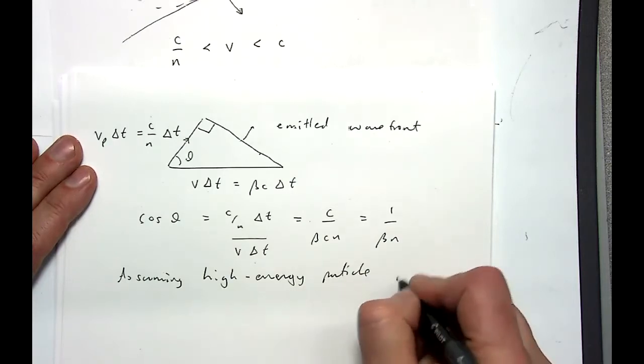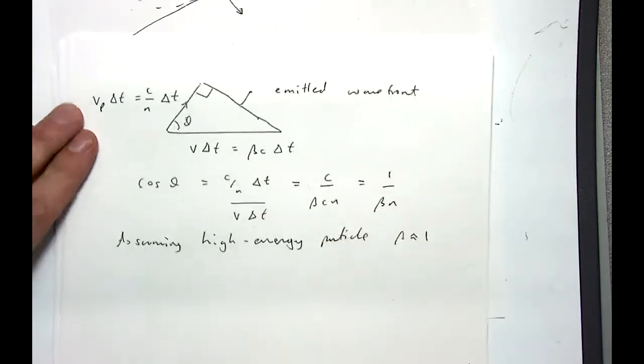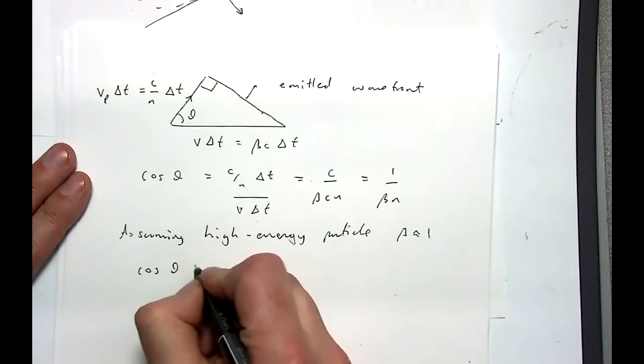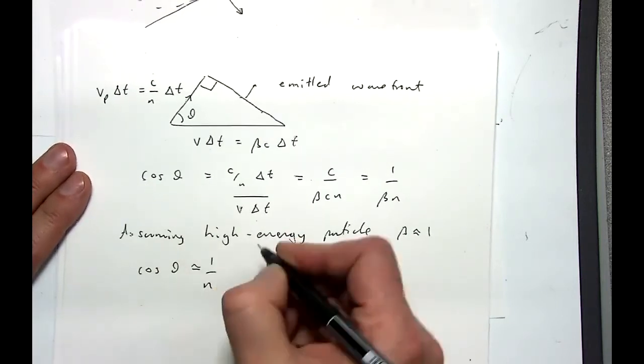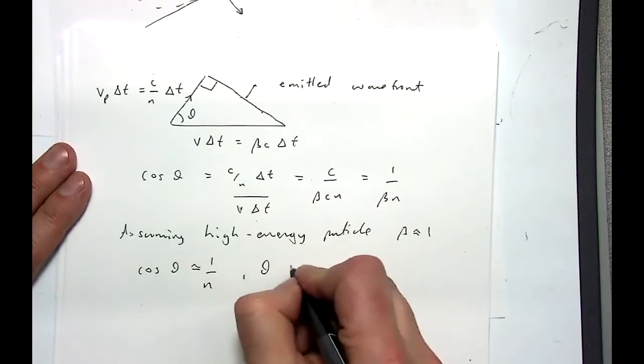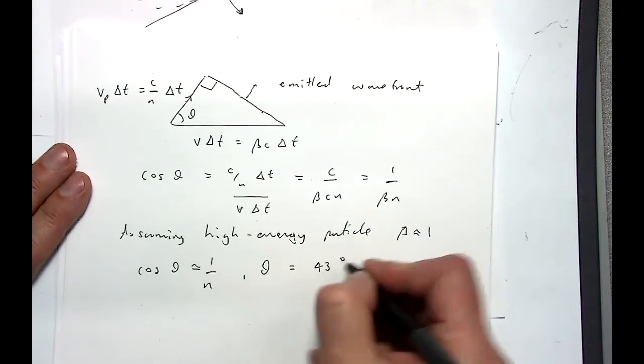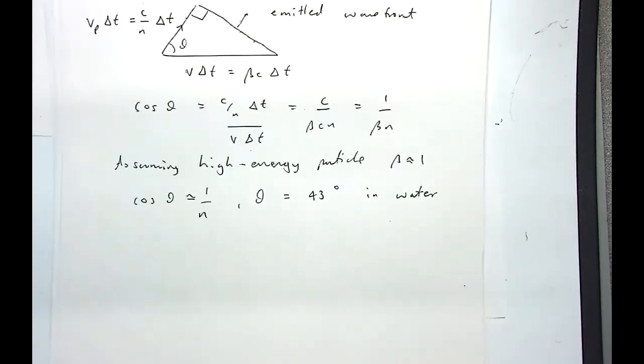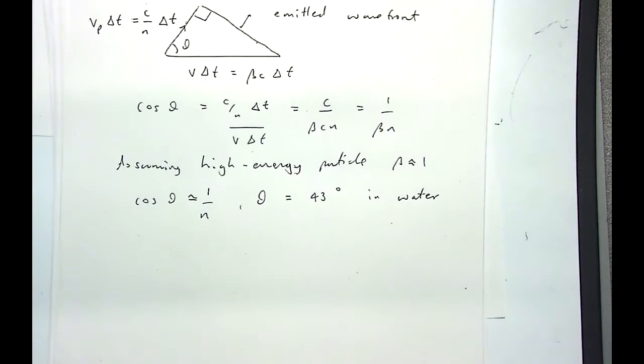We say beta equals 1. In that case, the emitted angle cos theta is about 1 over n, and because n is 1.33, that's 43 degrees. So visible Cherenkov light emitted by rapidly moving charges near the velocity of light comes out at about 43 degrees.